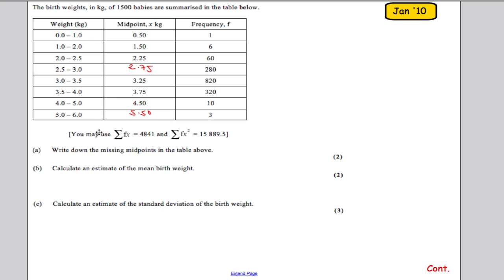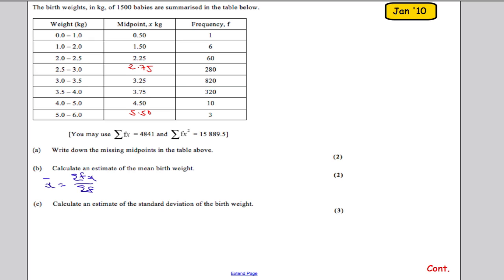Okay, calculate an estimate of the mean birth weight. Now it's important that you realize that in the exam you have been given some summary statistics. So I've been given the sum of fx and the sum of fx squared. The mean x bar comes from the formula, when it's grouped data, the sum of fx divided by the sum of f.